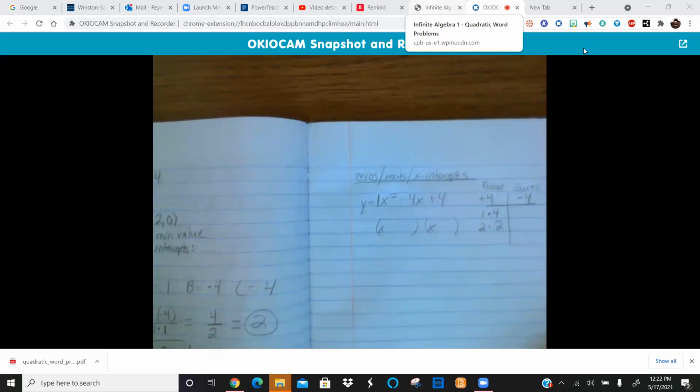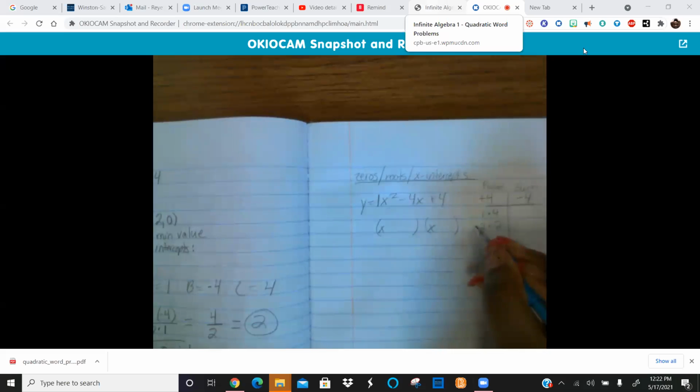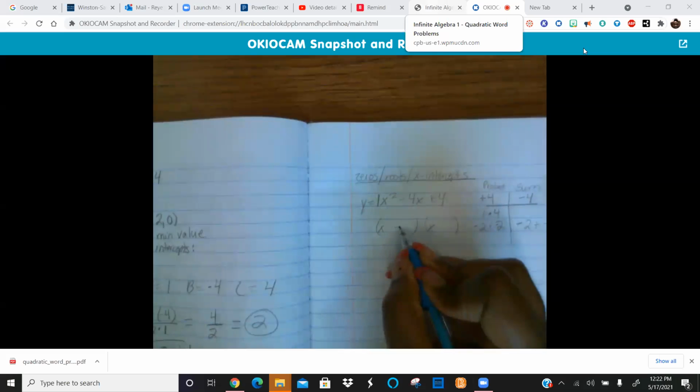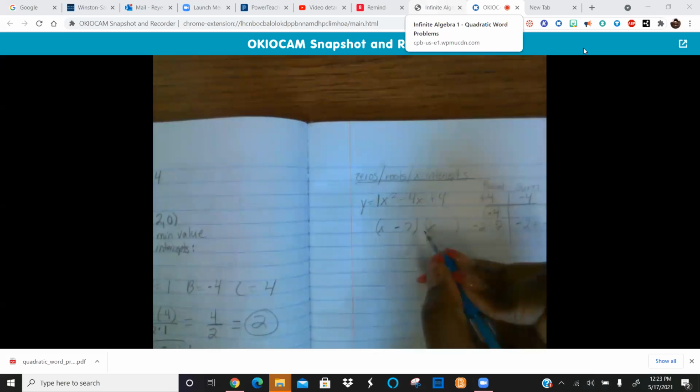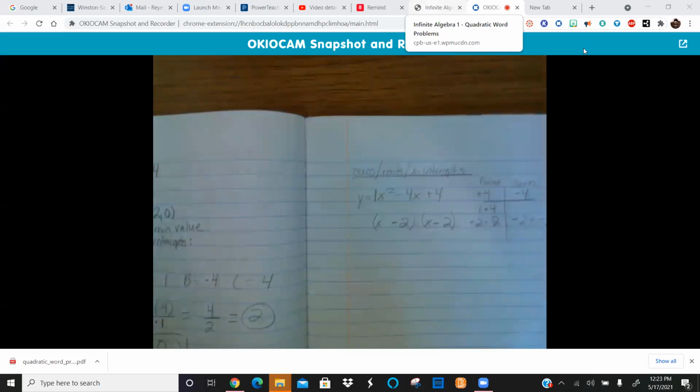So which combination of numbers is going to work to give us a negative 4? Making both of these negative, because a negative times a negative is still gonna give me a positive. And when you add them together, that gives you a negative 4. So we're gonna use negative 2. Any questions about that?